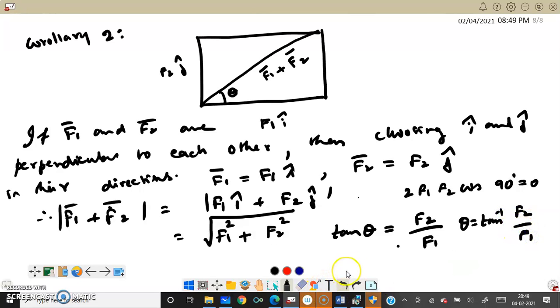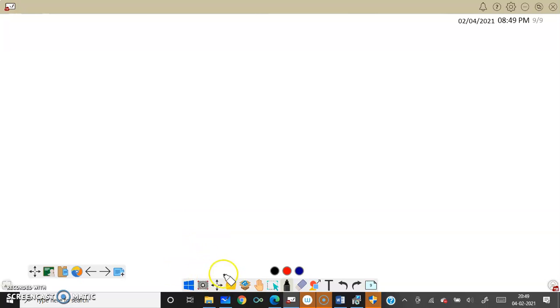That's it, right? Now we'll go to the next board. What is the next one? Resolution of a force into its components.